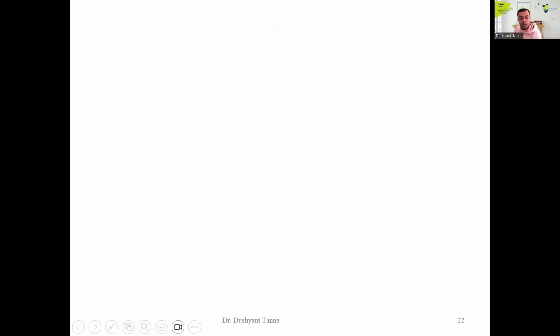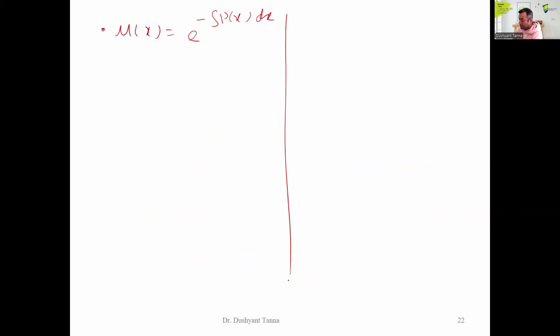Okay, so let's go for our mu(x) to start with. By now, you should have remembered mu(x) is equal to e raised to the integration of P(x) dx. So e raised to the integration of 3 over x dx.